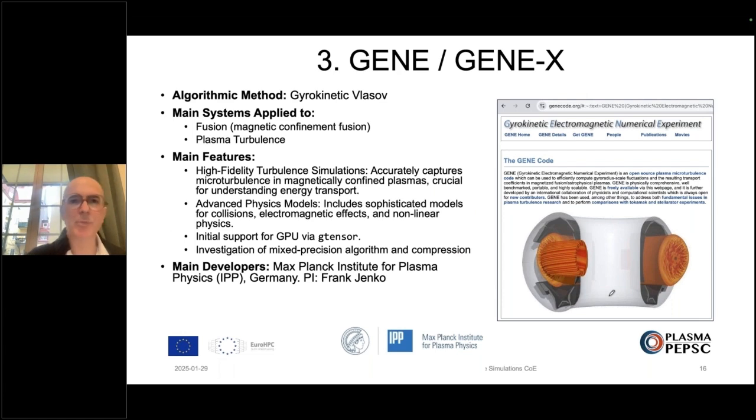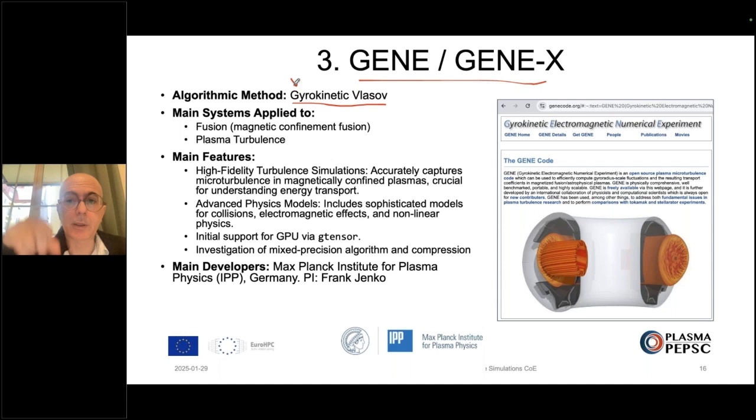So after Vlasiator, we now move to two codes that are relevant to fusion. The first one goes under the name of GENE, and GENE-X, and in general the GENE family, a set of simulation tools based on gyrokinetic Vlasov. It might change the numerical scheme, but the basic technique is so-called gyrokinetics. This is a model that is extremely powerful whenever the magnetic field is relatively strong.